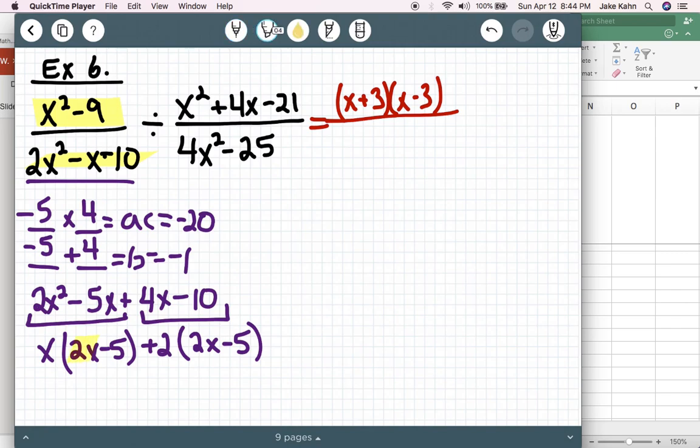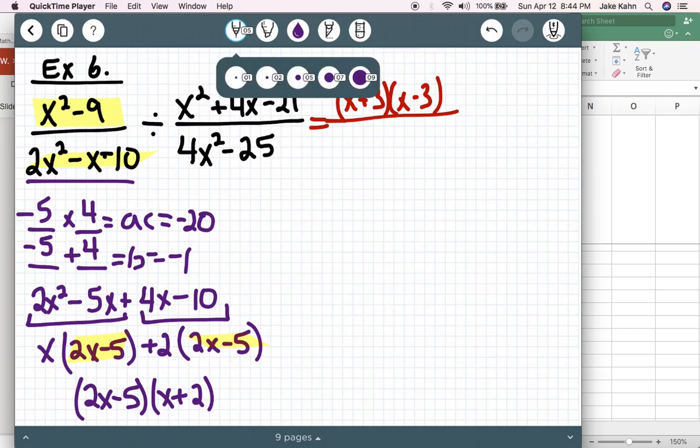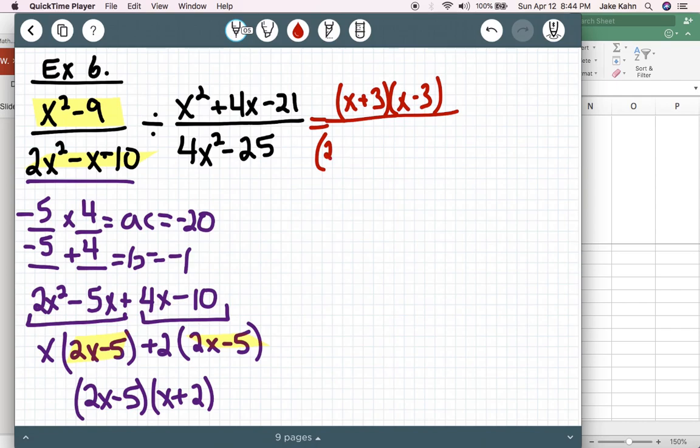Yes, because this and this match inside the parentheses, and your final factored form, finally got there, is 2x minus 5 times x plus 2. That is what is going to go on the bottom of this first fraction. 2x minus 5 times x plus 2.